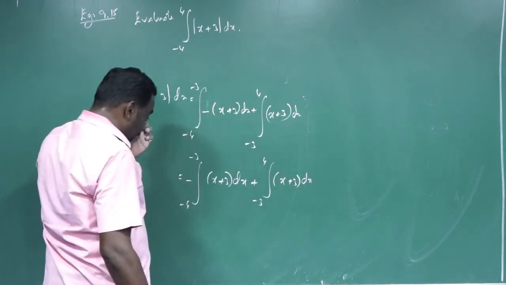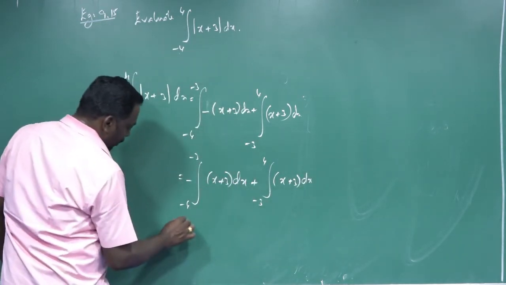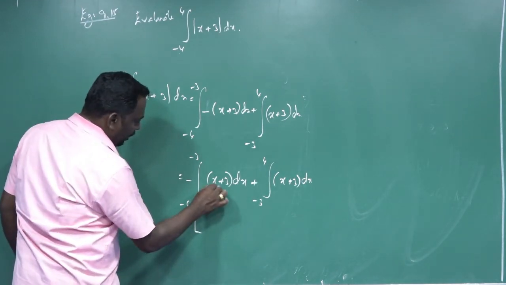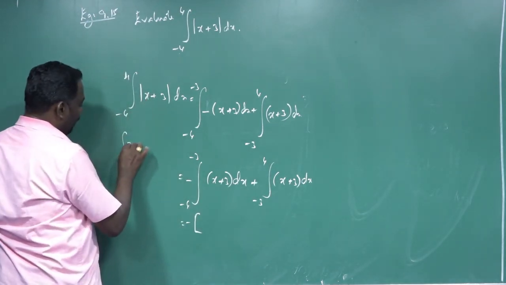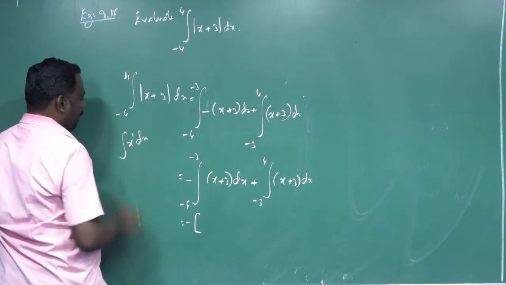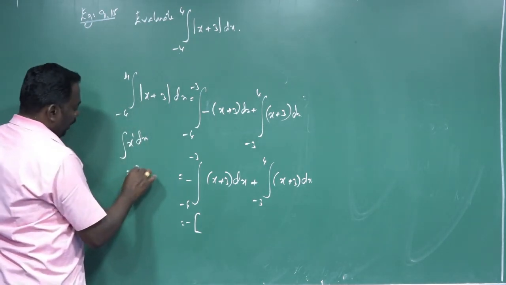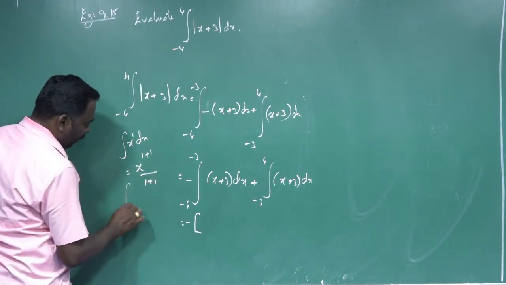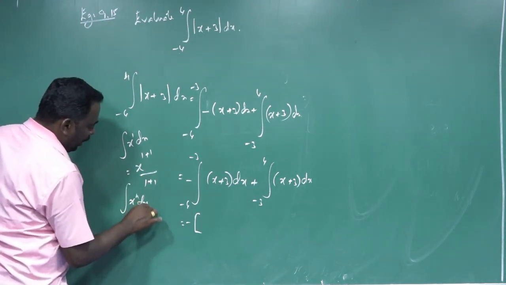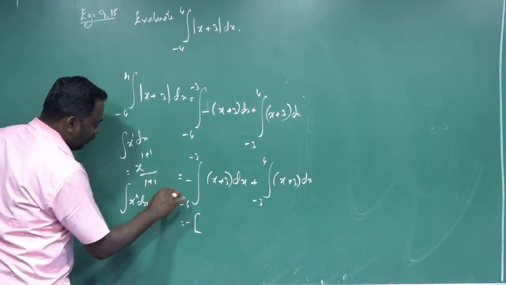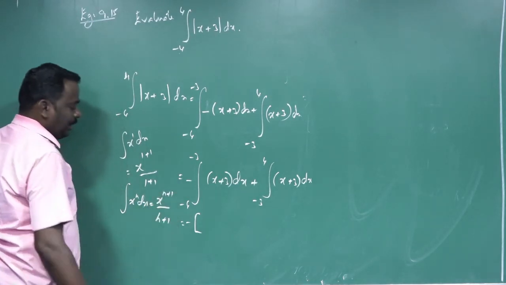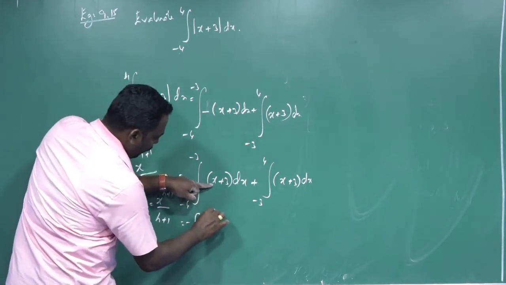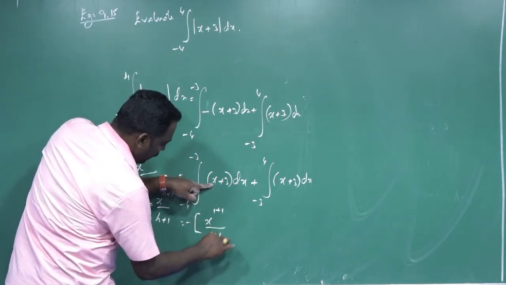Now, ordinary integration: integration of x dx, with power 1, is x to the power 1 plus 1 over 1 plus 1, by applying the integral formula that integral of x to the n dx is x to the n plus 1 over n plus 1.